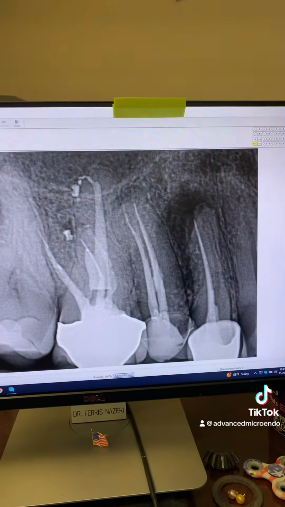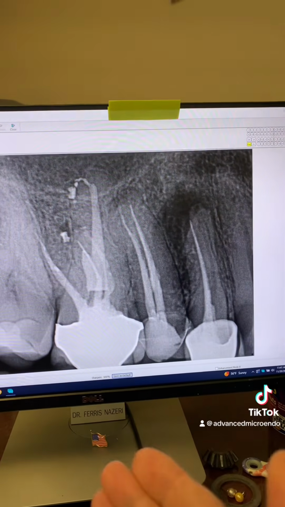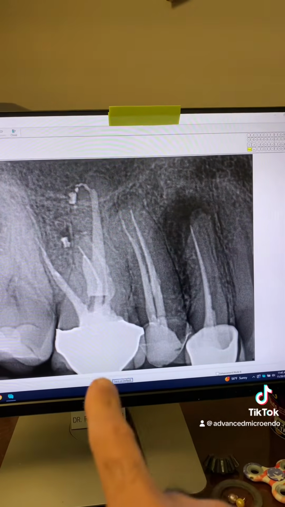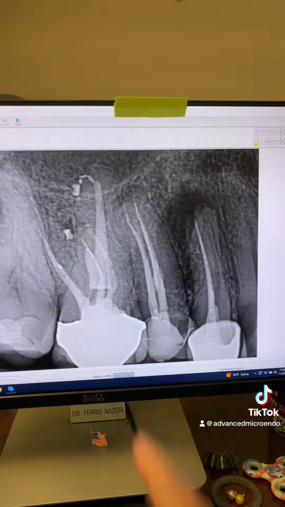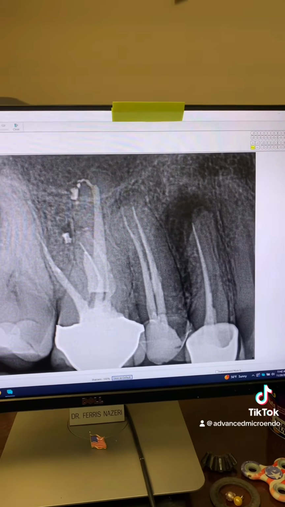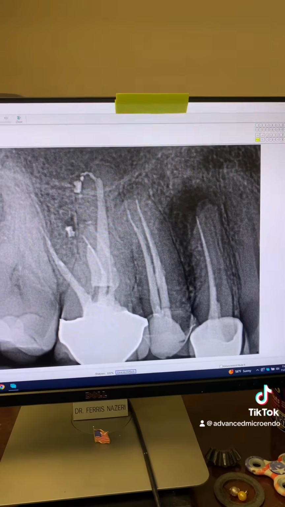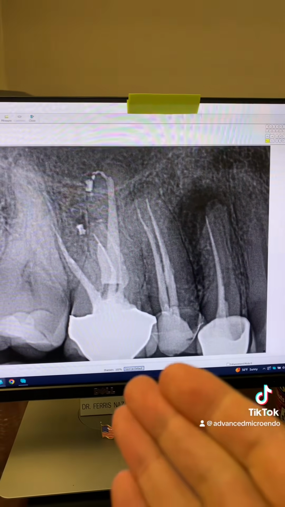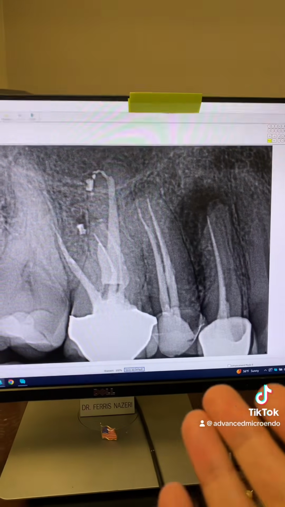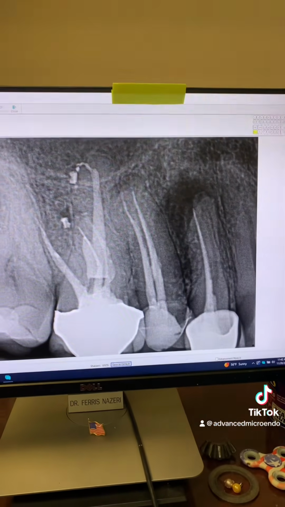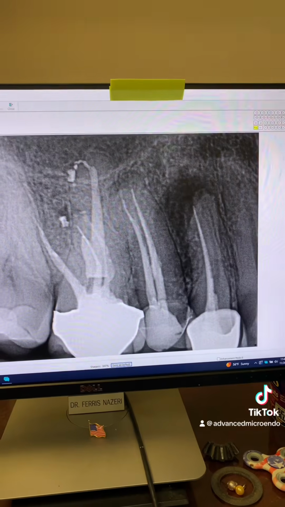Again, the patient had no symptoms. The tooth was in full function, but he just hadn't restored the tooth permanently, and he still had the Cavit that I put in 2 years ago in the access. So I told him, listen, man, Cavit is only good for a few weeks. Cavit's not good for 2 years.